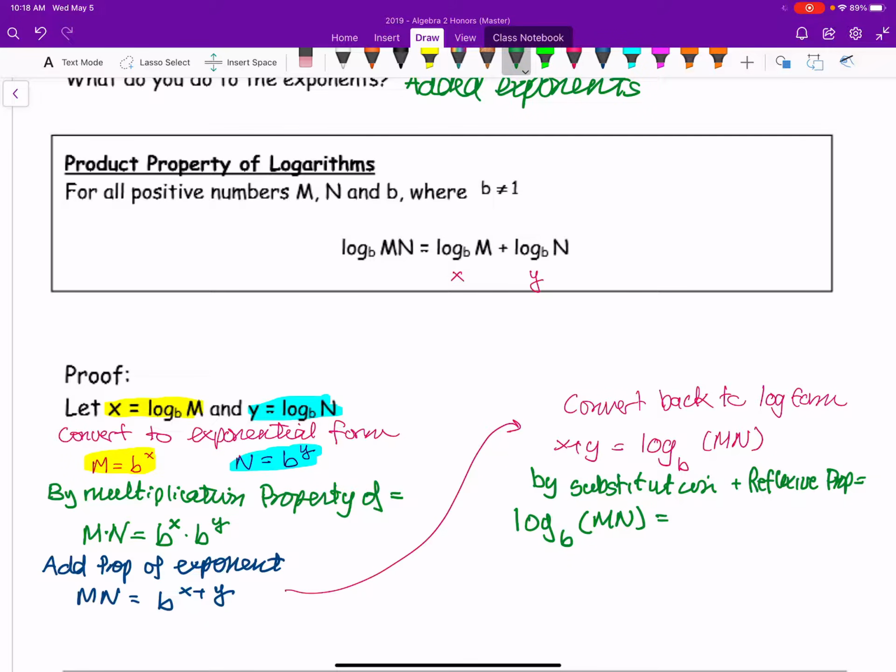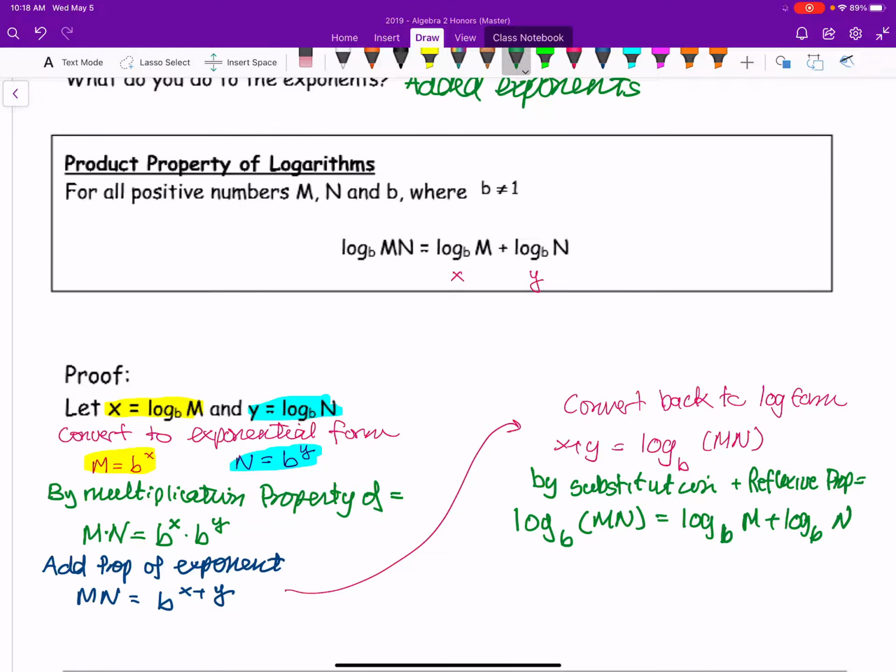Basically, that's equal to x plus y, but x was defined as log base b of m plus log base b of n. So then we have proven that that's the case.